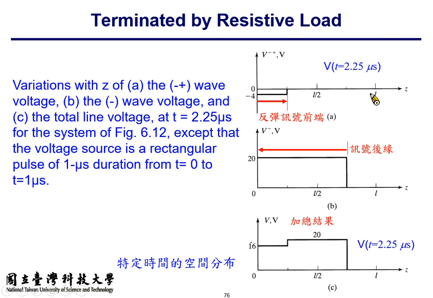So if you add up the V minus signal and the V minus plus signal, you end up with this result. Okay? So that will be the total voltage on the line at t equal to 2.25 microsecond. Okay, that shall conclude our lecture for section 6.2.